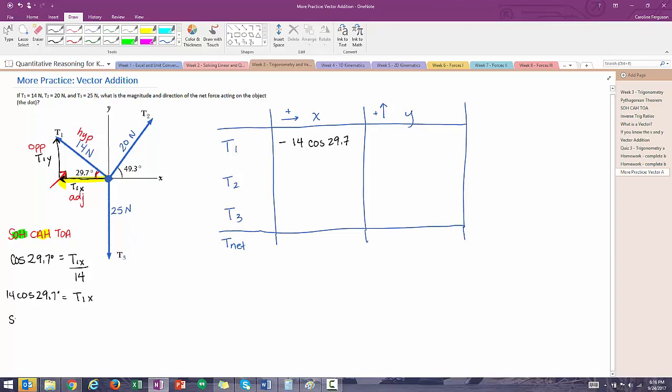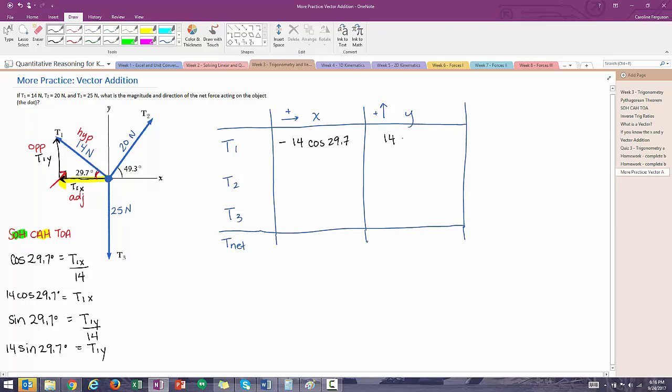So we have sine of our angle, 29.7 degrees, is equal to the opposite side, which is T1y, over the hypotenuse, 14. Okay, again, we want to solve for T1y. So then that means we're going to multiply both sides by 14, and we get 14 times sine 29.7 degrees is equal to T1y.